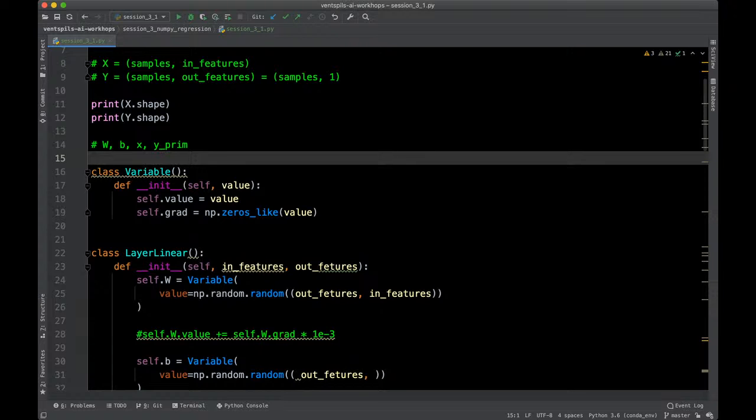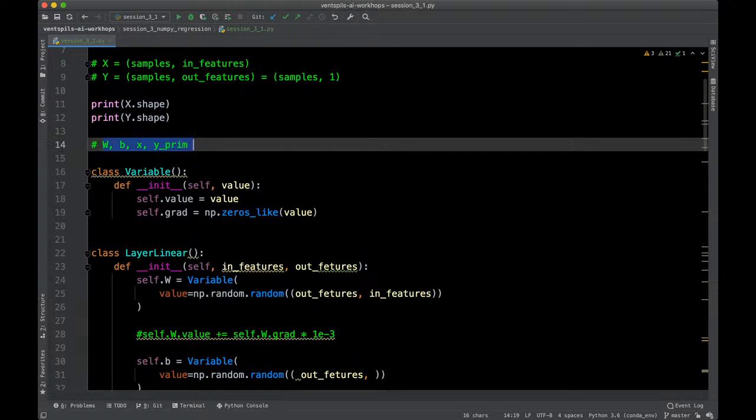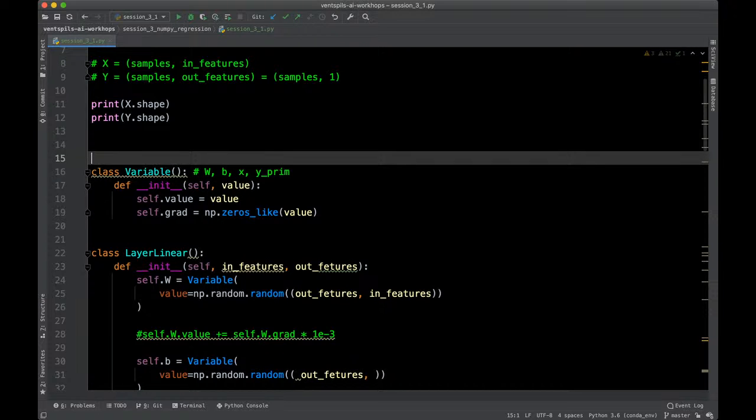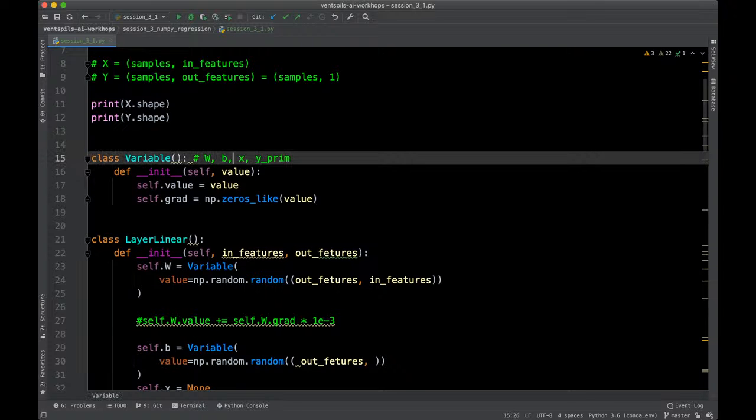Anyways, these are the things that you already saw in the equations, right? For all of these, we're going to use the class called Variable. For all inputs and outputs in functions, we will use Variable.